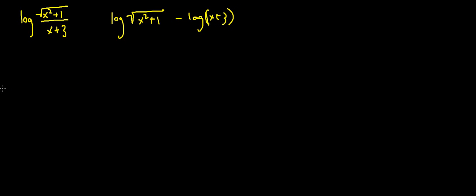So the next thing I can do is look at this and say that this is a power of 1/2, and therefore I can use the power rule to bring this out front.